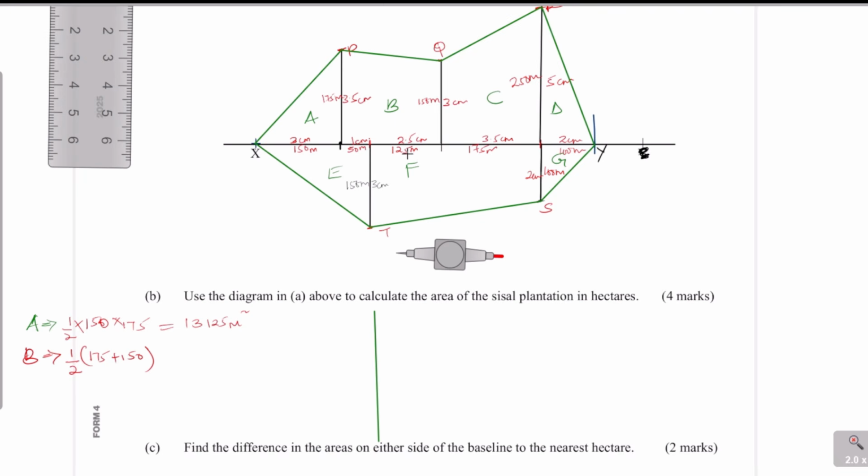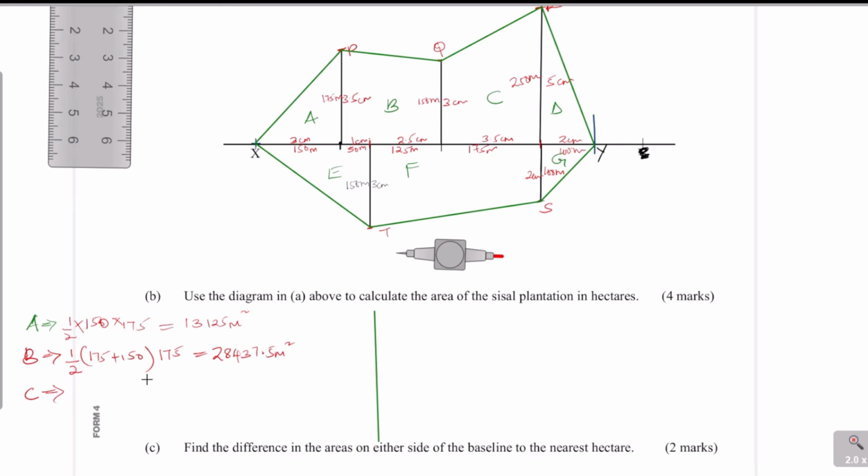So 50 plus 125 will be 175. So we multiply these: 175 plus 150 multiplied by 175, and you divide by 2. So this one gives 28,437.5 meters squared.